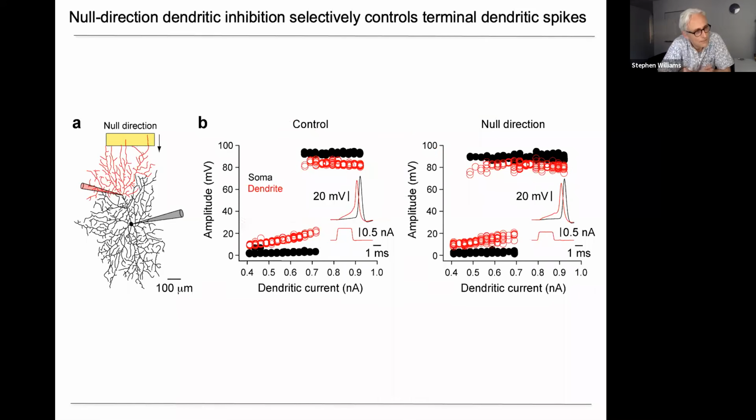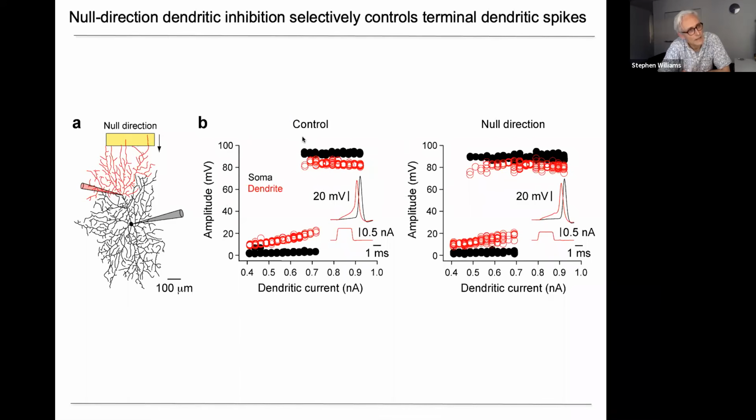So how does null direction inhibition work within this cascade of active dendritic integration that we see in the dendritic arbor of on-DS cells? So to test that general idea, we drove null direction inhibition by driving null direction light stimuli that sweep through the dendritic arbor. Remember, that doesn't generate action potential firing. And we could then probe at the level of dendritic excitability by putting current steps through a dendritic recording electrode.